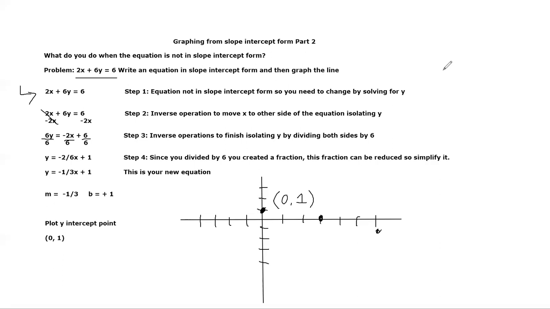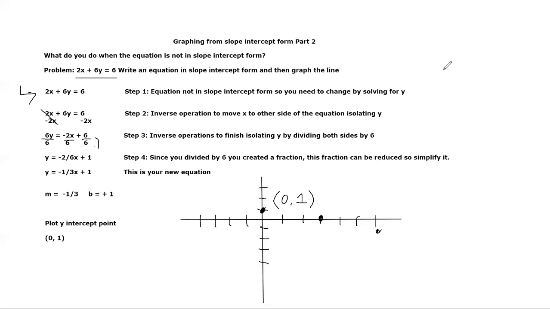So when I divide by 6, I'm dividing negative 2x as a whole term by 6, and I'm dividing 6 by 6. That created two fractions. So now I have y equals negative 2 divided by 6 x, plus 6 divided by 6. Now 6 divided by 6 is just 1. So I simplified that.